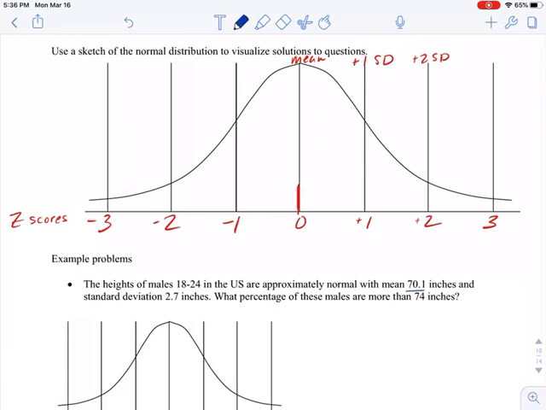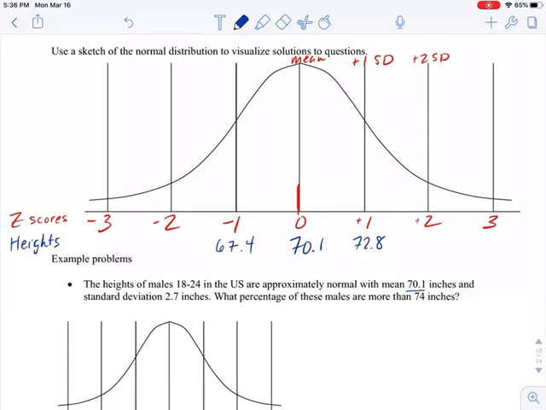So when we say that the mean is 70.1, that goes in the middle. And this variable that I'm working on here is heights. And a standard deviation of 2.7 inches. So if I add 2.7, I get 72.8. And if I subtract 2.7, I'm going to get something. Let's see, 67.4.